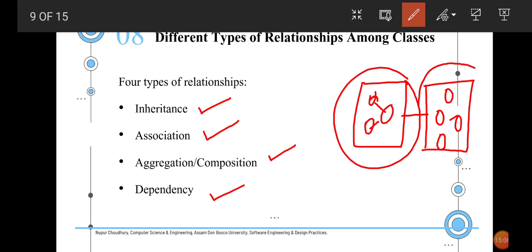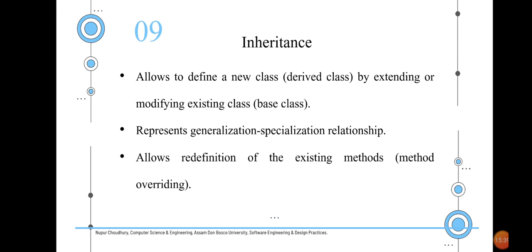Whenever two different classes interact with each other to form an object oriented design, we have to make sure what type of relationship these classes have, whether an inheritance, association, aggregation or composition, or dependency type of relationship. That is very important for the type of interaction.